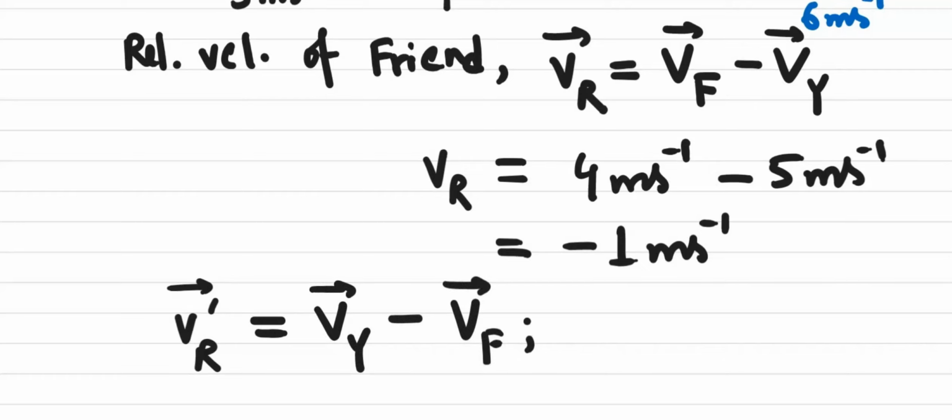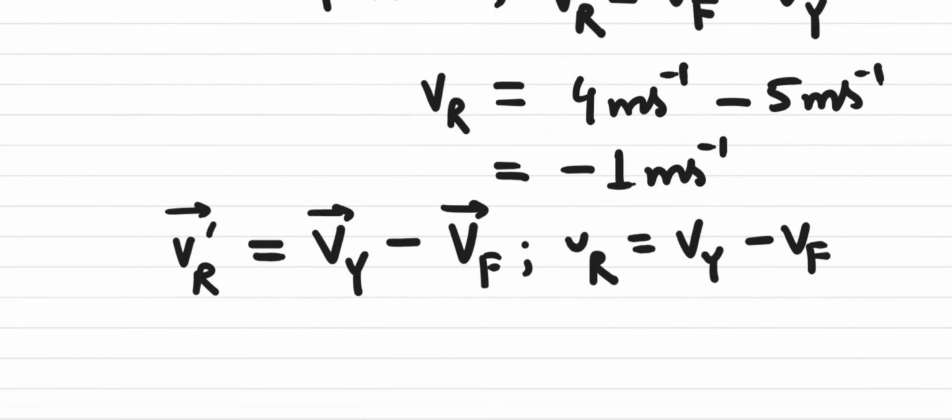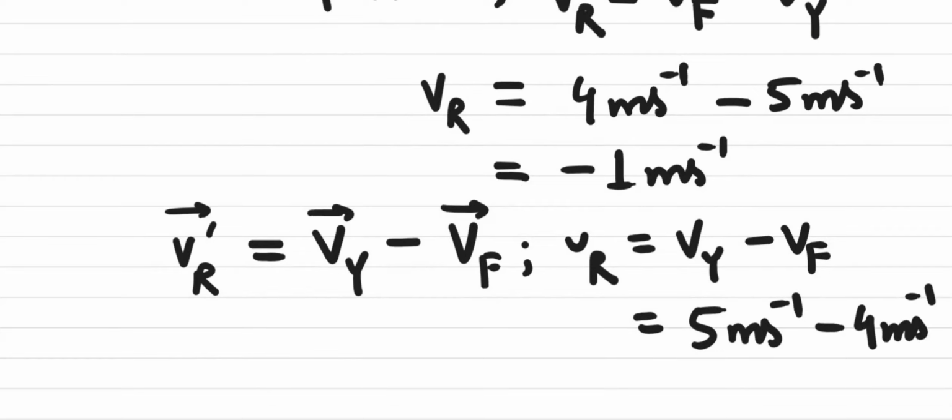So in this case, Vr is Vy minus Vf, which is numerically 5 meters per second minus 4 meters per second, and that is 1 meter per second. So your friend will observe that you, in his reference frame, are getting ahead with a speed of 1 meter per second. That's what your relative velocity is with respect to him.